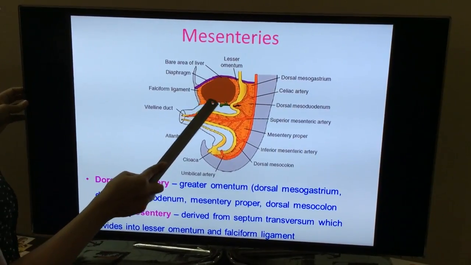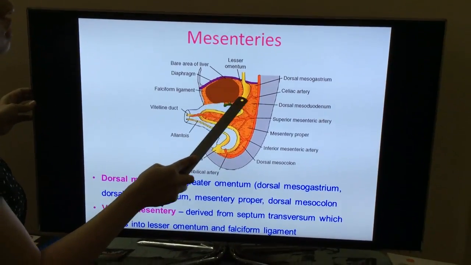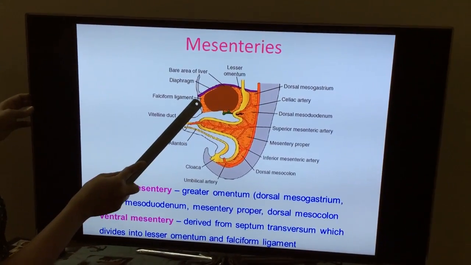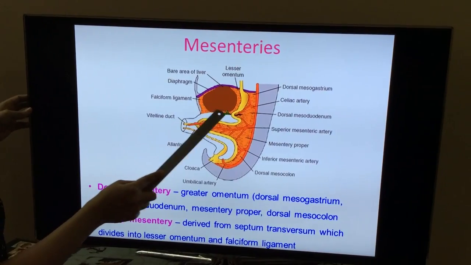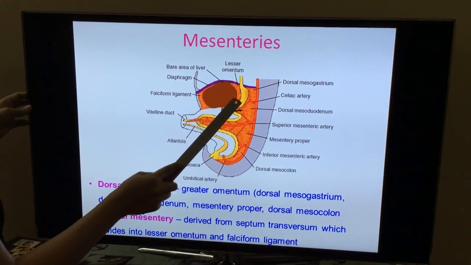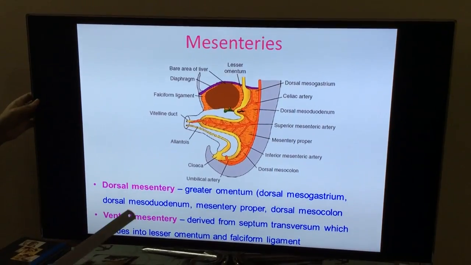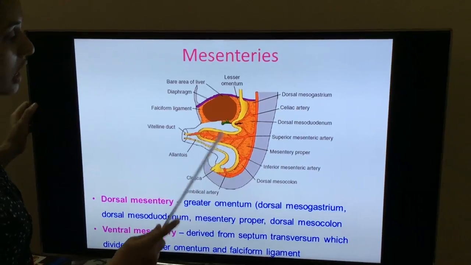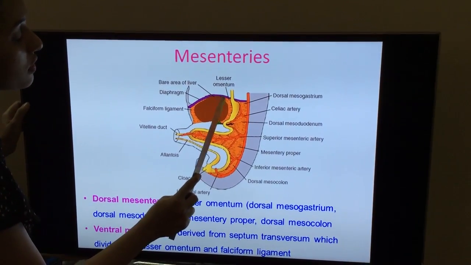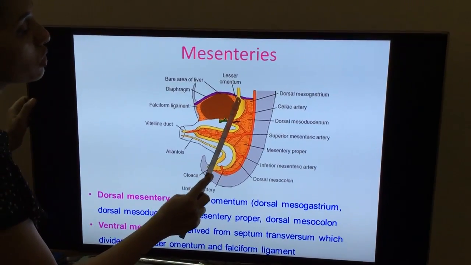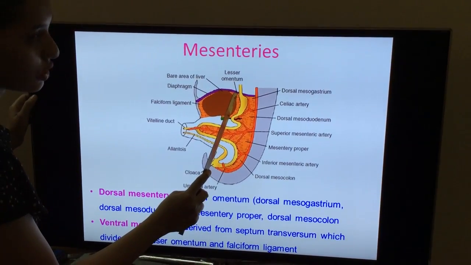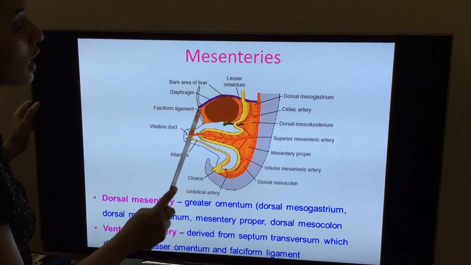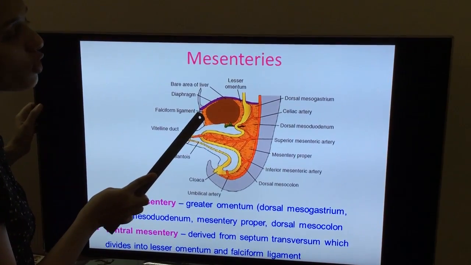extrahepatic biliary apparatus. Once the liver develops, the ventral mesentery is divided into two layers: one is the lesser omentum, the other is the falciform ligament. The area which extends from the liver to the stomach is called the lesser omentum, and the ventral mesentery which is attached from the liver to the abdominal wall is called the falciform ligament.